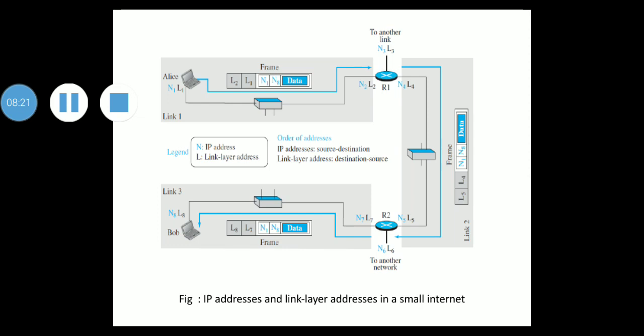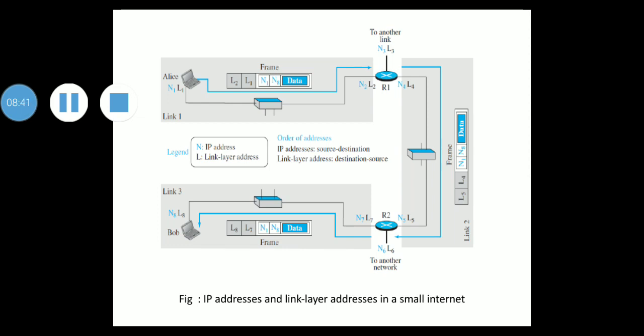These two addresses are changed every time the frame moves from one link to another. This figure demonstrates the concept of IP addresses and link layer addresses in a small internet.